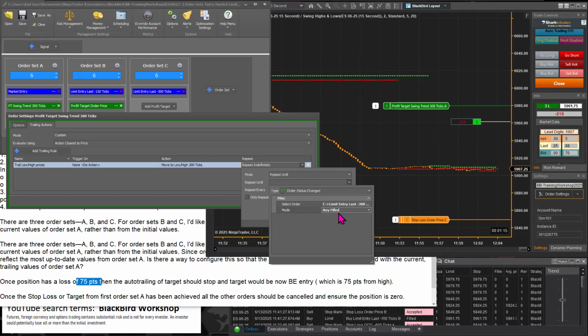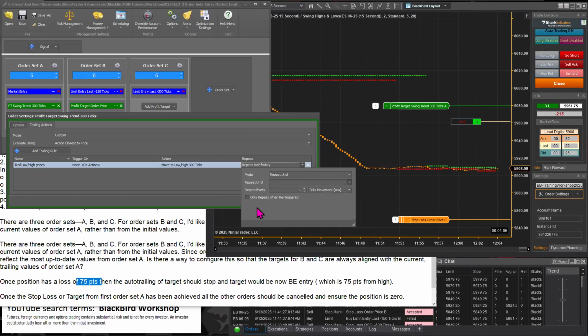So we know that when this entry order is filled, we've reached that 75 points of a pullback here, 75 points of a loss. So, yeah, we'll set it to that there.